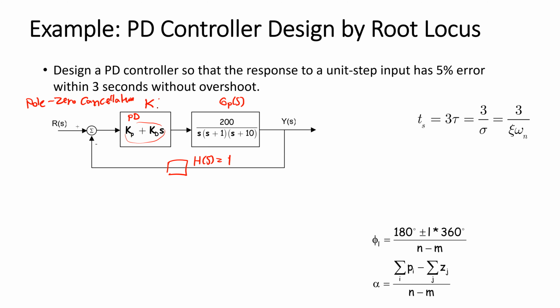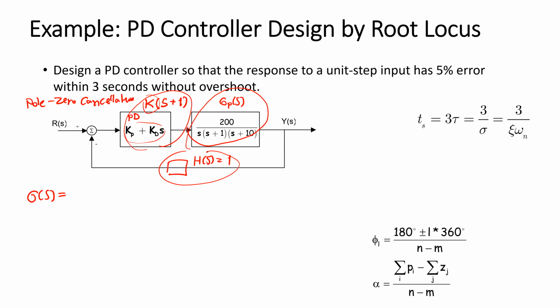I'm going to compose the PD gain by s plus 1, which means KD equals K and KP also equals K in this case, and I pick only one K. Now the open loop transfer function is going to be the controller gain multiplied by the plant gain and the sensor gain.